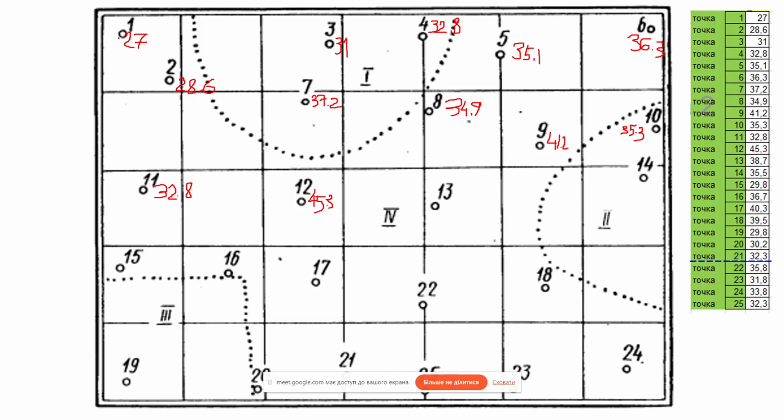For example, we stand on point 1 at elevation 27 meters and go up the hill to elevation 28.6. And while we are walking the 10 parts, there will be the mark of 28 meters.